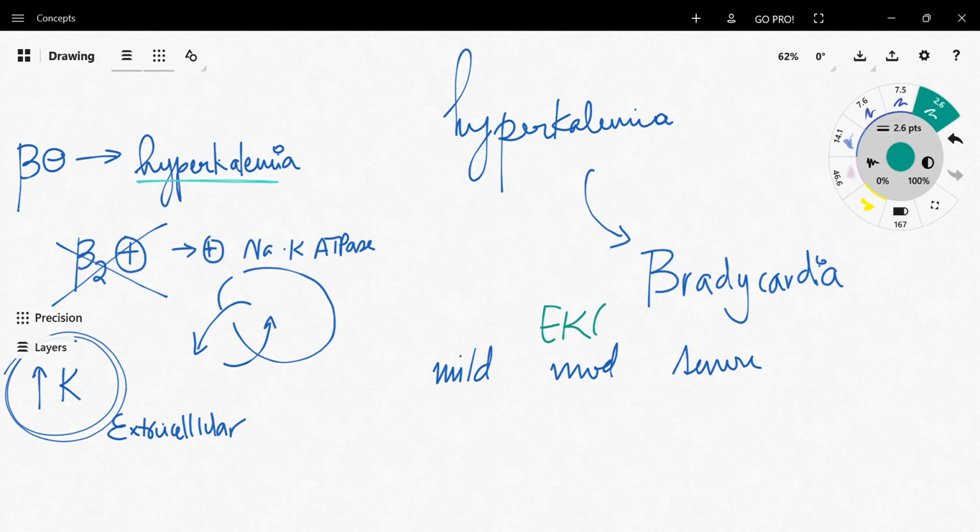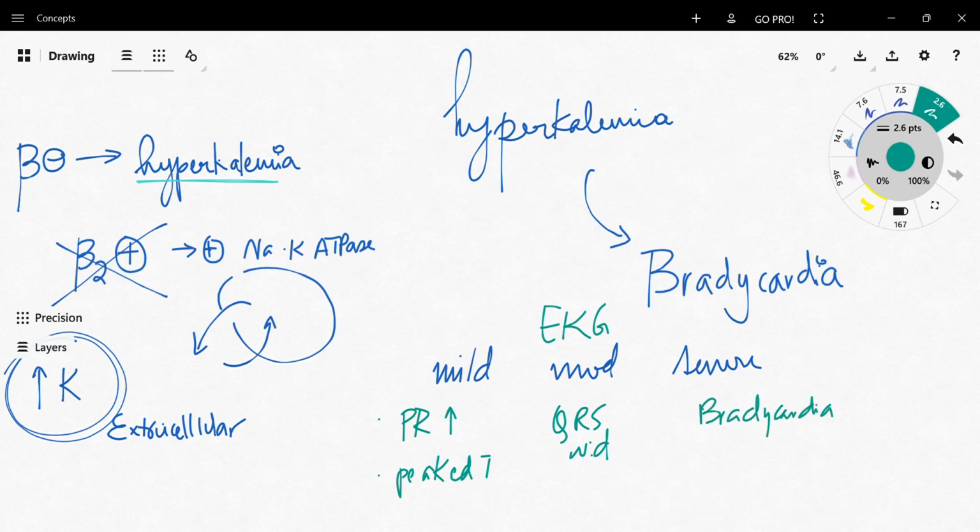So if it's mild, it's going to start out with PR prolongation and peaked T waves. When it's moderate, you get QRS widening, and when it's severe, it will cause bradycardia and I think it was like a sinusoidal pattern of some sort on the EKG.